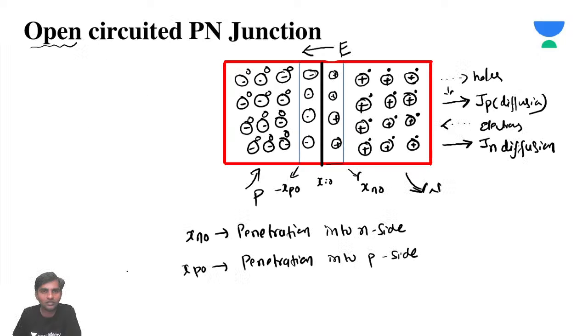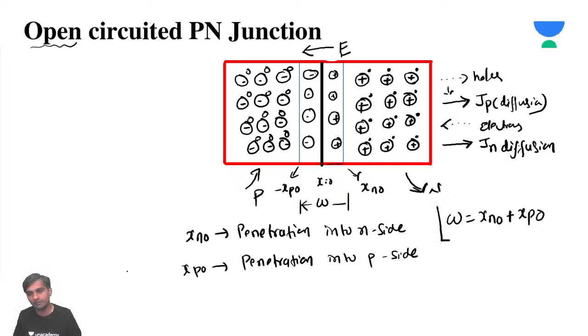Now you can see this distance is called the potential barrier distance, W, which is equal to xn naught plus xp naught. This is the length of diffusion, the depletion layer width, which is very important.